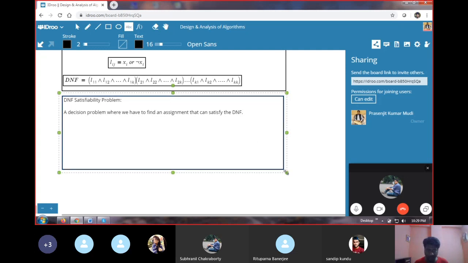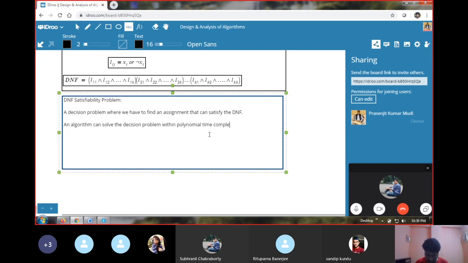Okay, so an algorithm can solve this decision problem in real time complexity.